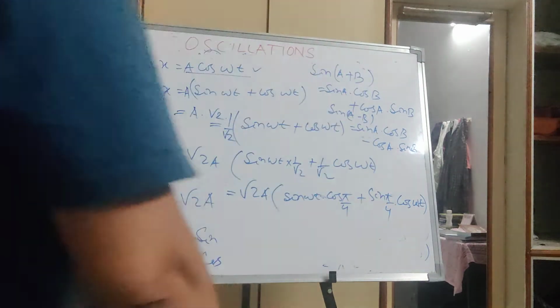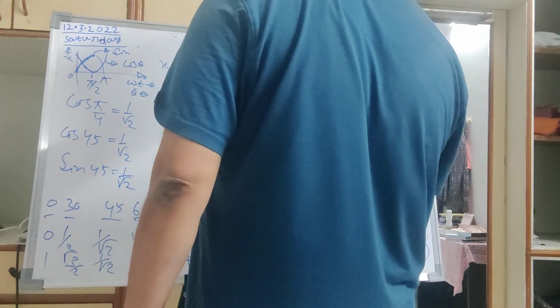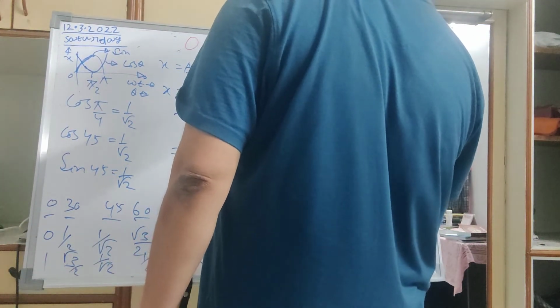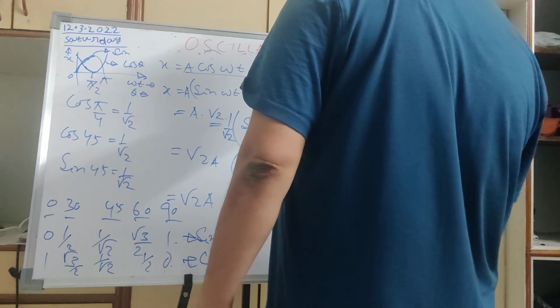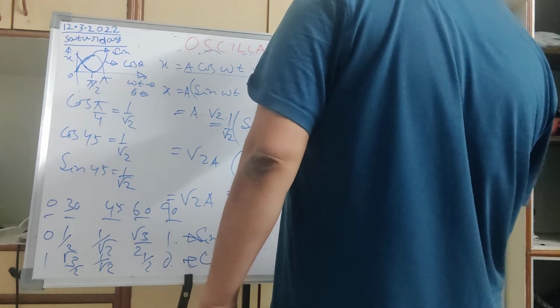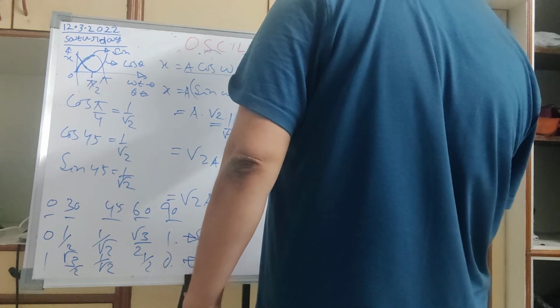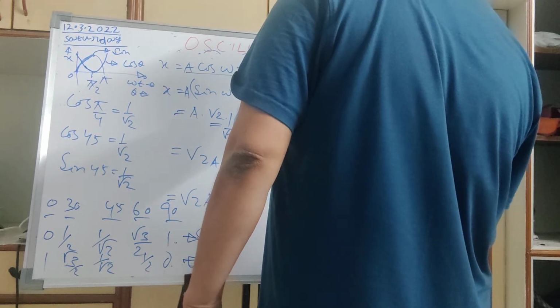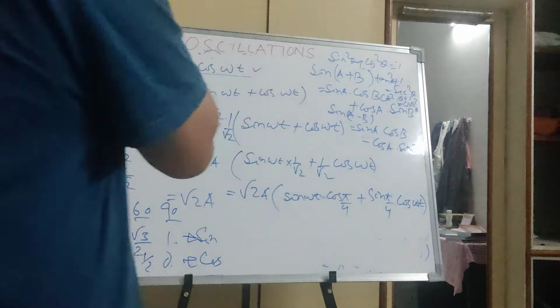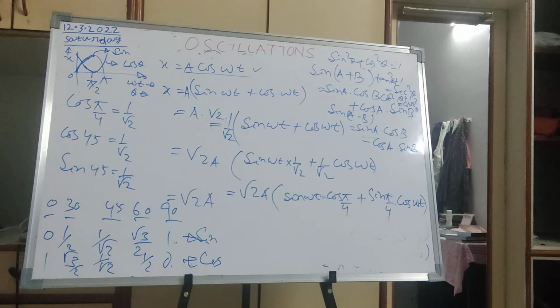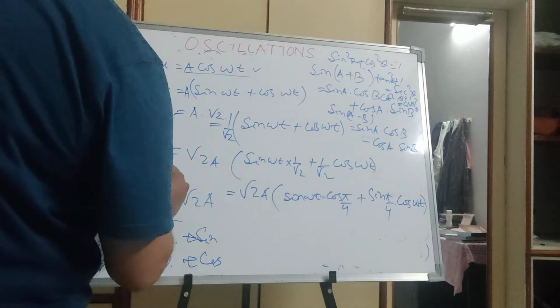There are certain things we should always remember, like sine square theta plus cos square theta is equal to 1. Similarly, tan square theta plus 1 is equal to sec square theta. Similarly, cot square theta plus 1 is equal to cosec square theta. These are nothing difficult to derive. How do we derive sec square theta?